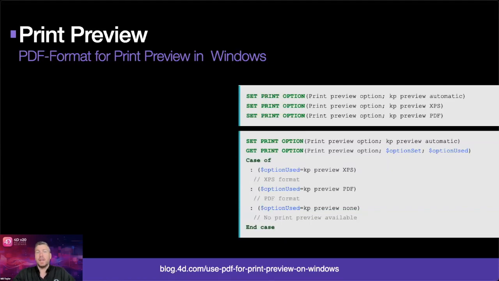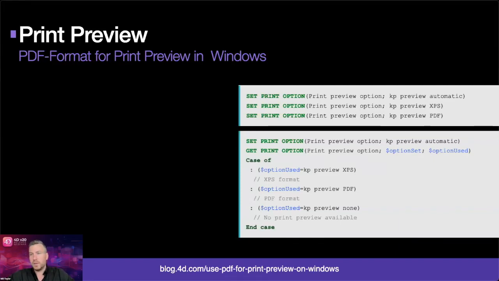Microsoft's decision to make the XPS viewer an optional Windows feature has caused many developers to call 4D tech support because, as it's an optional feature and not a standard feature, many people do not necessarily want to install it and are wondering what is the future of XPS and how is 4D going to respond to that?